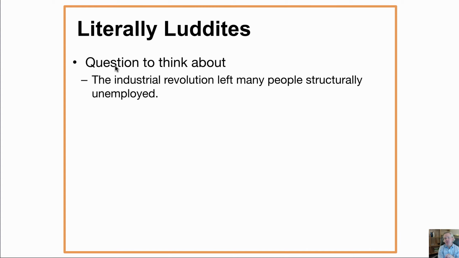But a question to think about is, the Industrial Revolution left many people structurally unemployed. In fact, it was a pretty terrible time overall for most people who weren't elites. This is when Karl Marx wrote the Communist Manifesto and Das Kapital, because it looked like this capitalism thing was going to be pretty horrible for most people, because a lot of these workers were losing their jobs, and there was nothing else that they could do, nothing they knew how to do.